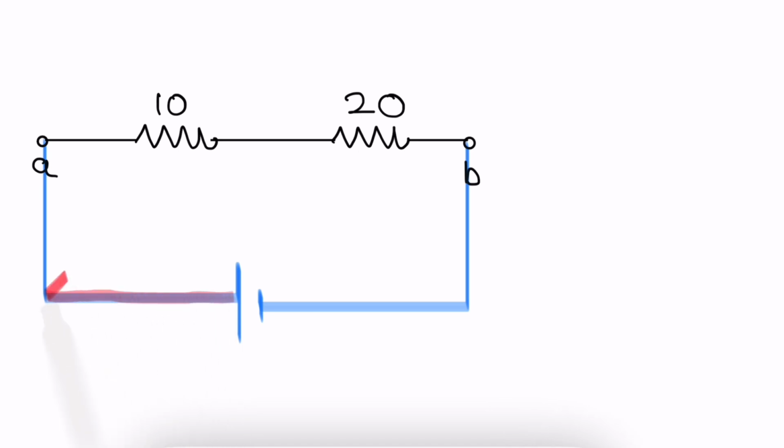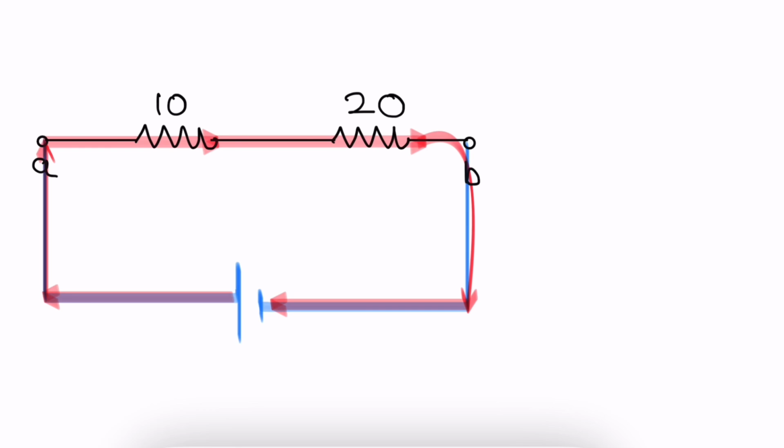It will start from this point and once again it will come back to the negative point of the battery. It means that the current through all the components is the same, and this is a series circuit.